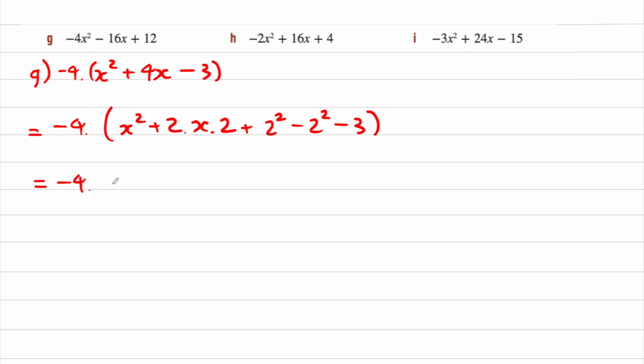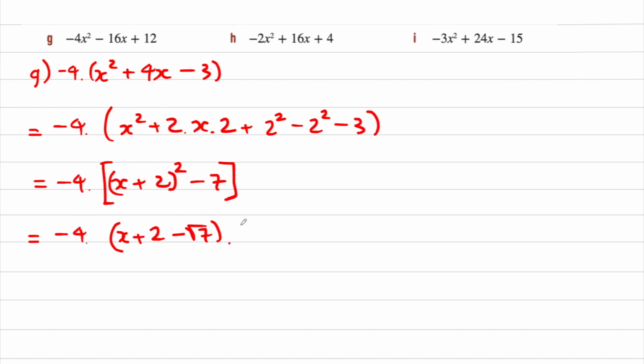This is minus 4 times h plus 2 squared here, minus 4 minus 3 is minus 7. Like this one. Go on. Minus 4 times h plus 2 minus square root 7, and then you have h plus 2 plus square root 7 in here.